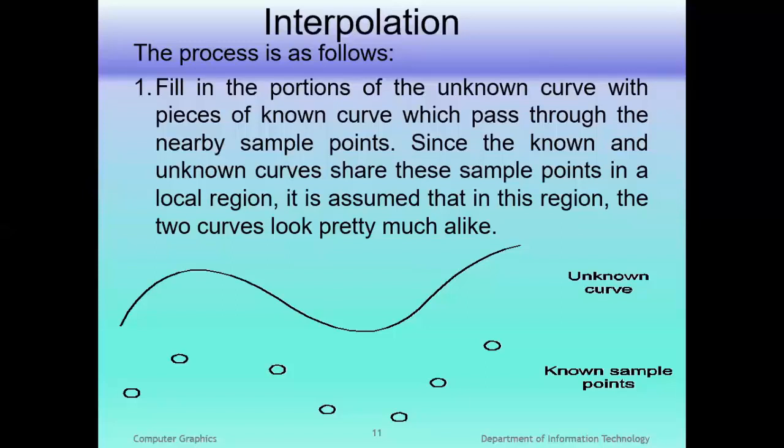First step, fill in the portions of the unknown curve with pieces of known curve which pass through the nearby sample points. Since the known and unknown curves share these sample points in a local region, it is assumed that in this region the two curves look pretty much alike.